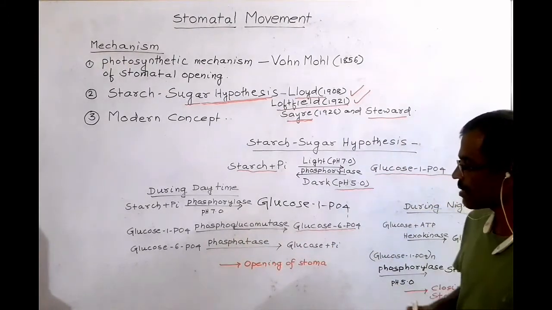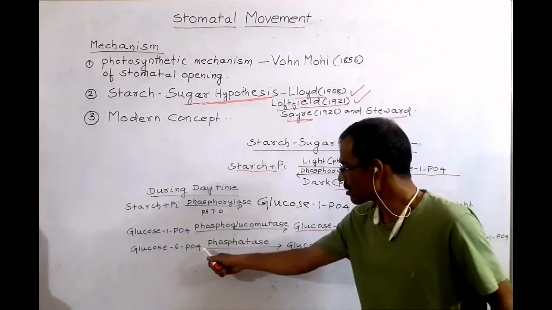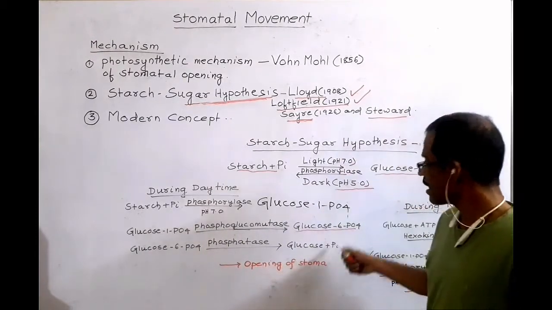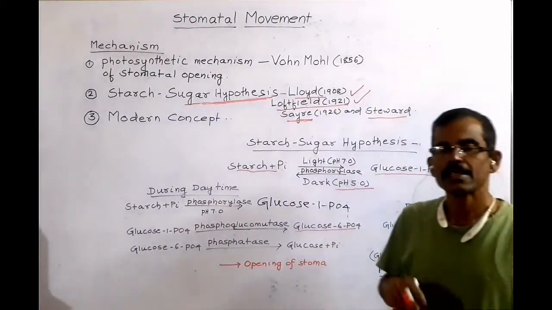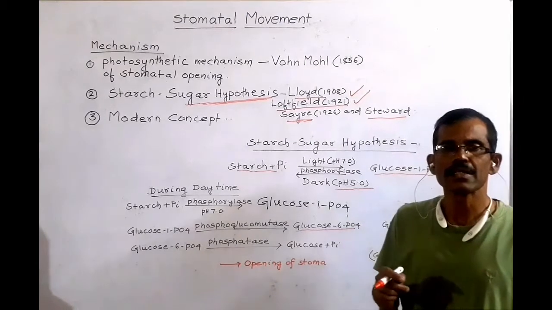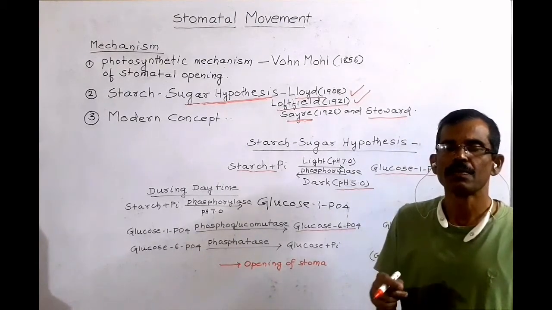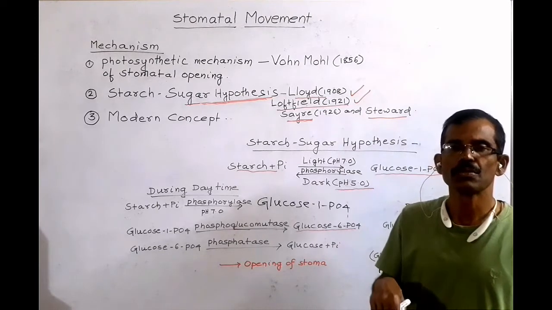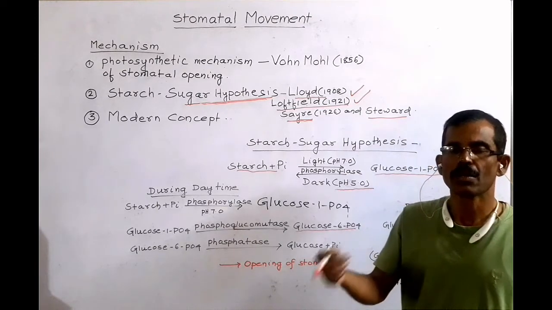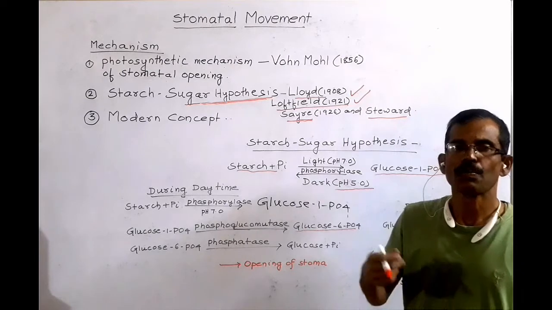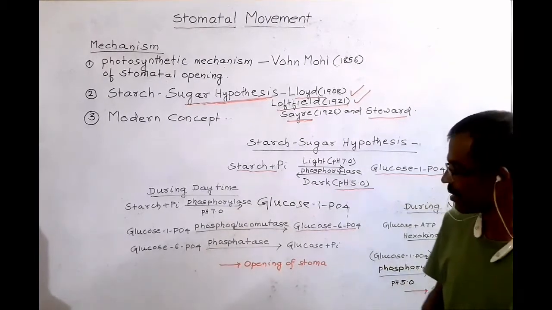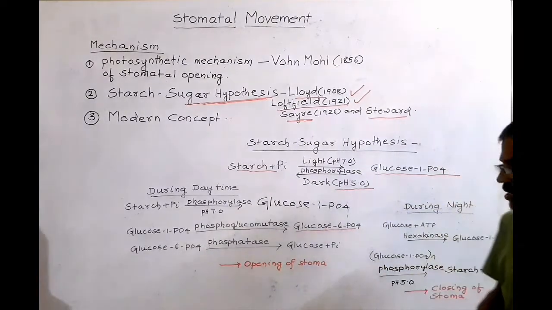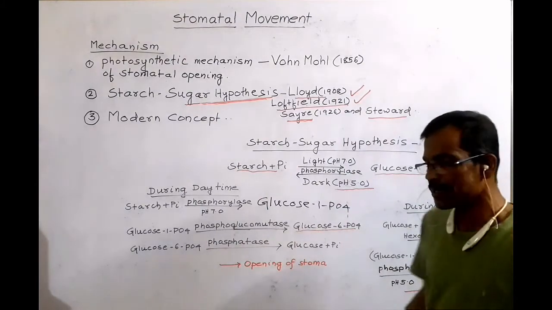So the hydrolysis of glucose 6-phosphate into glucose and inorganic phosphate significantly decreases the osmotic potential of guard cells, so water molecules diffuse into it and the guard cells become turgid, which causes the opening of stoma, whereas the reverse reaction takes place during night time.